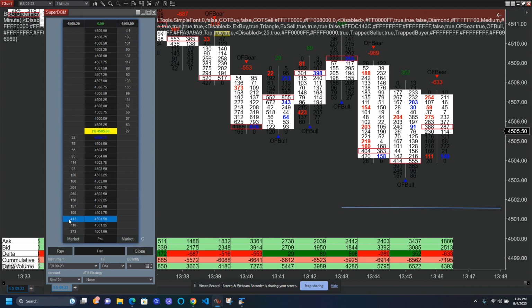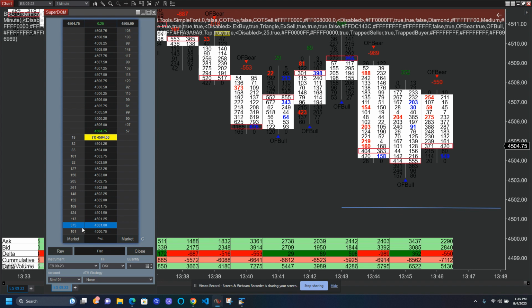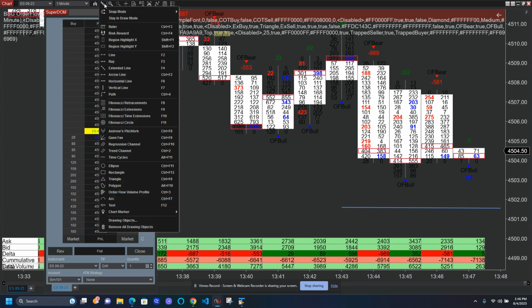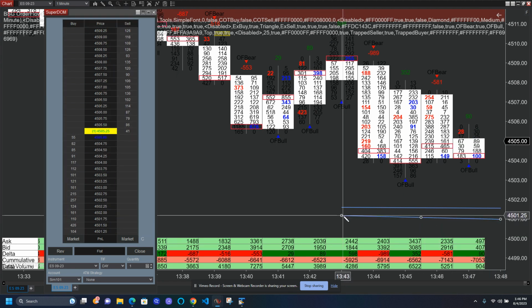Now it's at 413 contracts at 4501.50. And then there's one more 375, 4500. There is a lot of liquidity right there. There's so much liquidity in those areas.